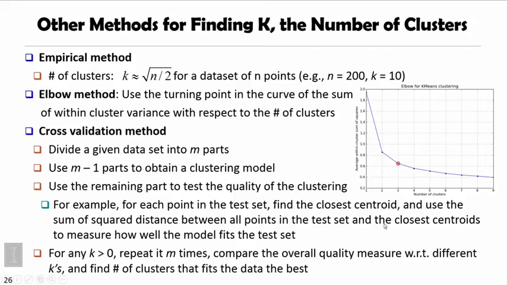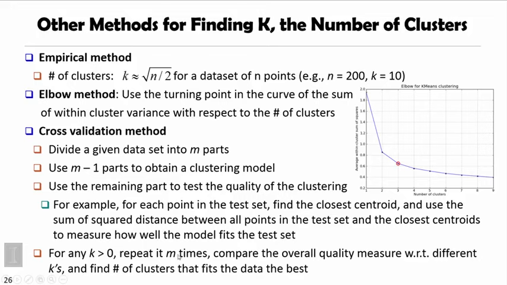Based on this, for all the points in the test set, you find the sum of squared distances. That means you find the sum of squared error, SSE, as we introduced. Then you see whether you get the best fit of the test data sets, that is, the smallest sum of squared distances.